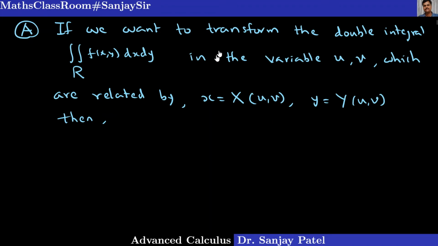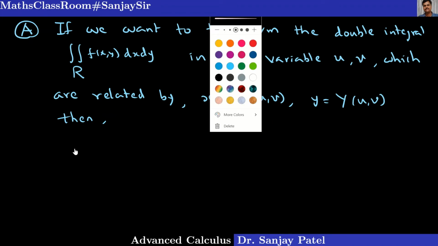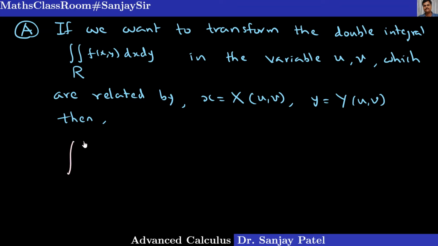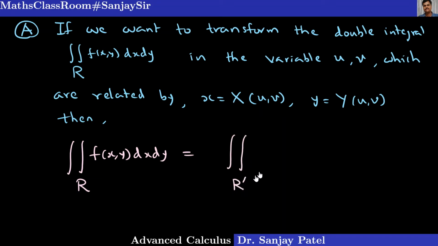the double integral of f of x comma y over the region R, the original double integral, changes to the new region, say R dash. In the function f of x comma y, wherever x and y appear, we write down these substitutions.